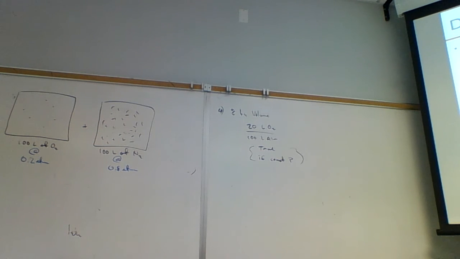Dalton's law says this: P total is equal to P1 plus P2. That's it. The other way I could look at this is as an Avogadro's mixture.